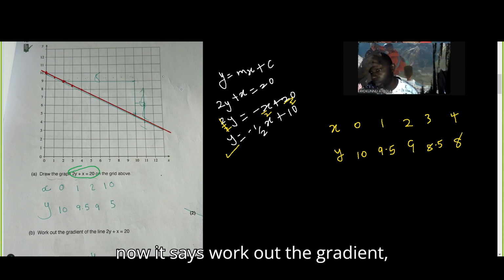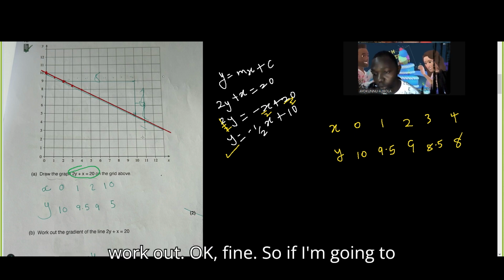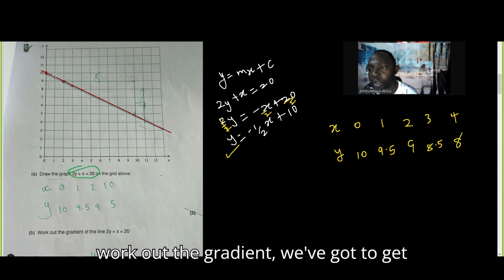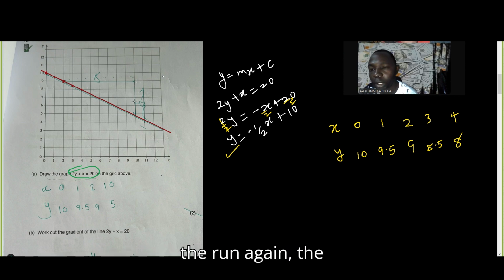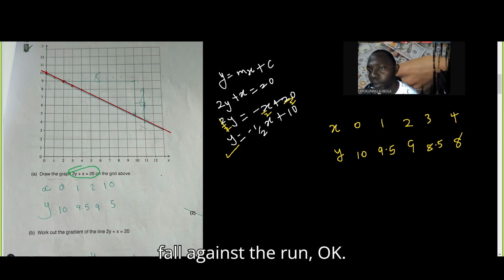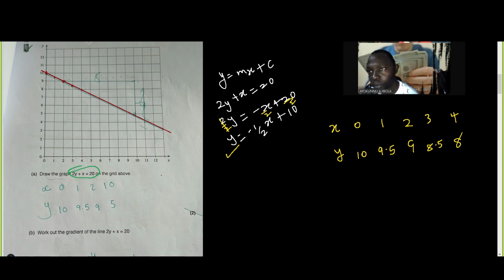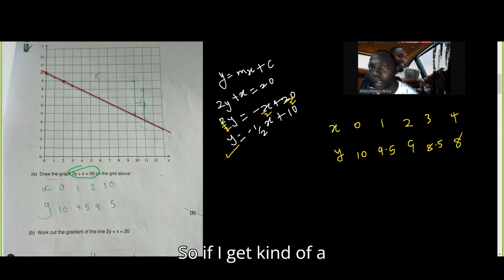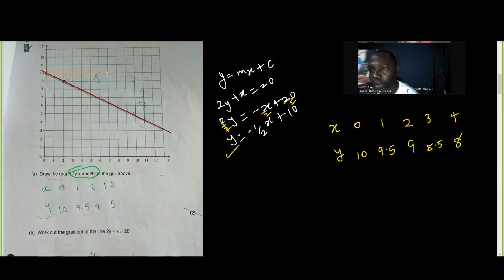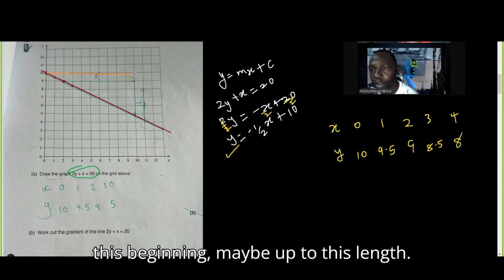Now it says work out the gradient. Okay, fine. So if we're going to work out the gradient, we're going to get the fall against the run. So if I get a line here, I can use this beginning, maybe up to this length.